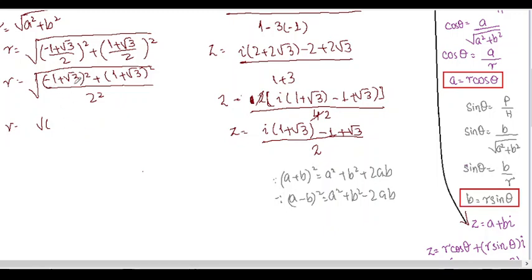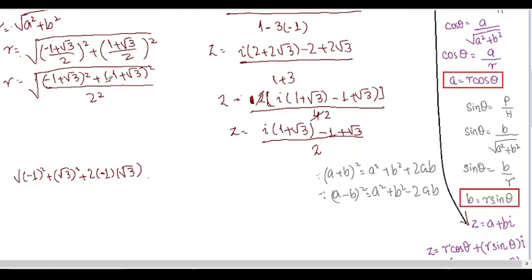It is a plus b whole square. So minus 1 square plus square root of 3 whole square plus 2 into minus 1 into square root of 3. Similarly, the next term is plus (1 plus square root of 3) whole square. It will be equal to plus 1 square plus square root of 3 whole square plus 2 into 1 into square root of 3, with a whole square root.